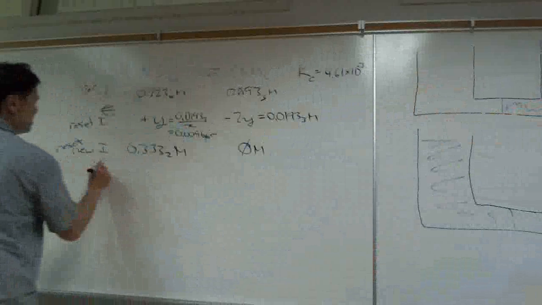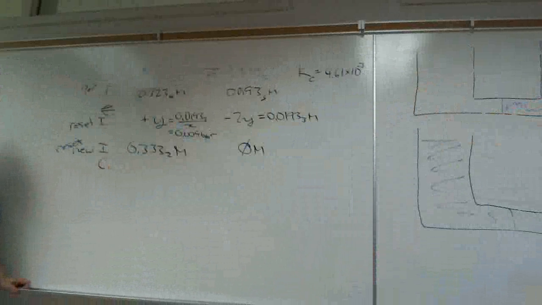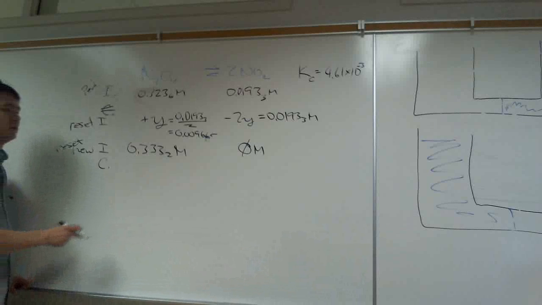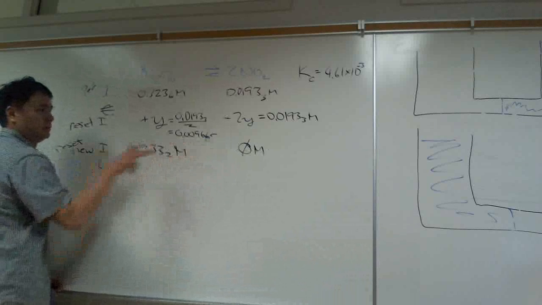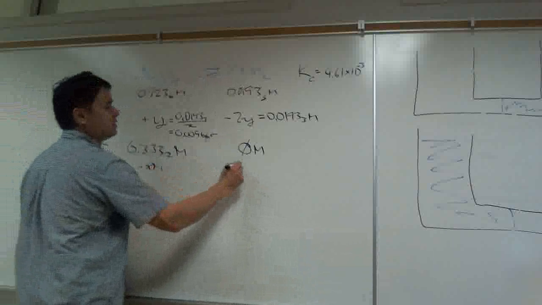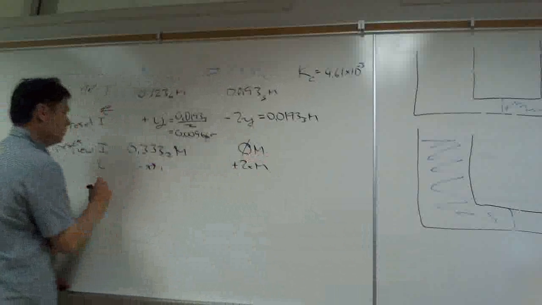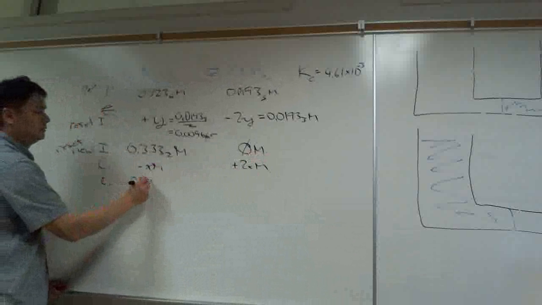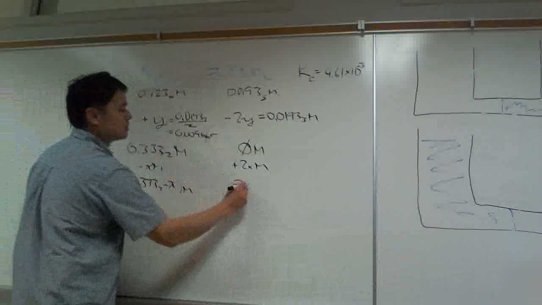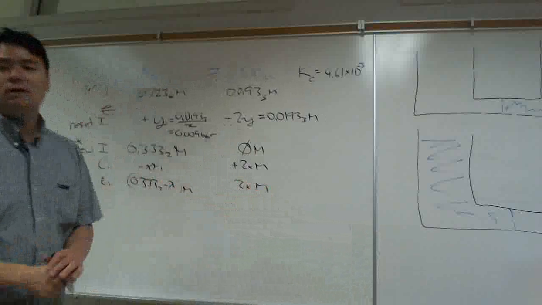And so the change now is going to be in which direction? Change is going to be to the right, to the side of the 0. So this is going to be minus x molar plus 2x molar. And so at equilibrium, I'm going to have 0.3332 minus x molar and 2x molar. And so now I'll solve for x.